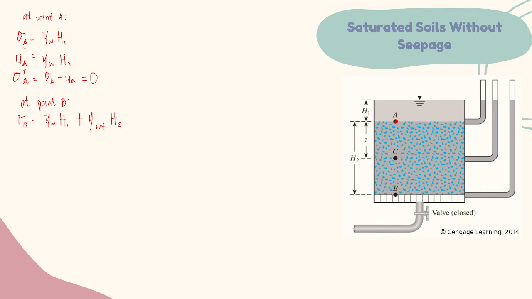And for the pore water pressure, U sub B, this is equal to the unit weight of water times H sub 1 plus, again, the unit weight of water times H sub 2. And for the effective stress at point B, this is equal to sigma sub B minus U sub B. And then, so let's write.